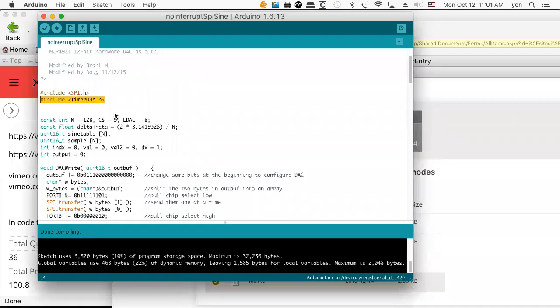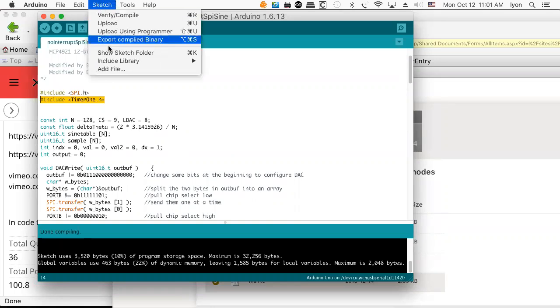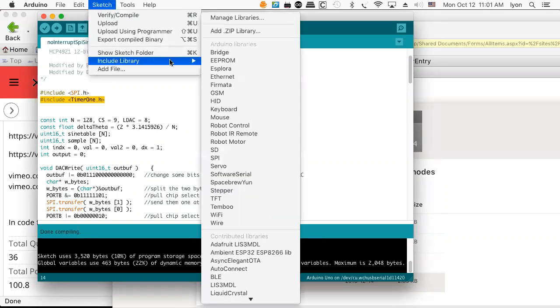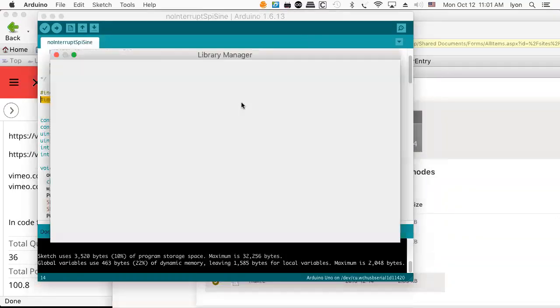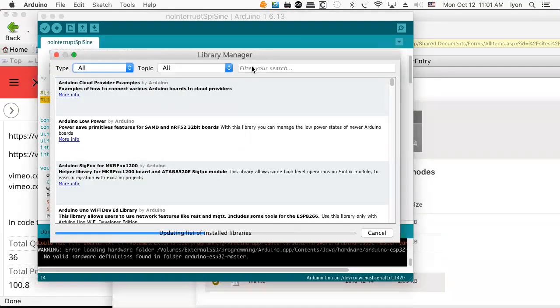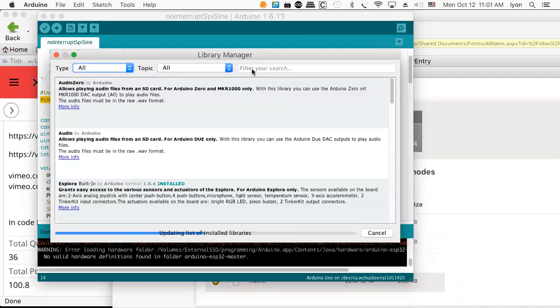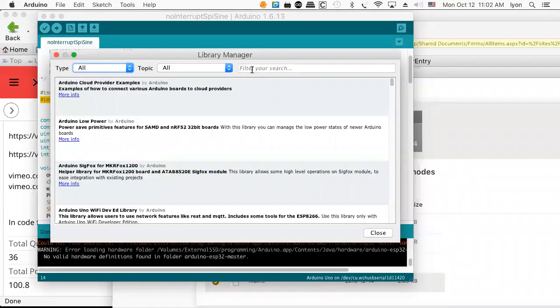If you ever want to look for libraries, you can go under Include Library and click on Manage Libraries. Then in the search text area, just click in there and type in something like timer.